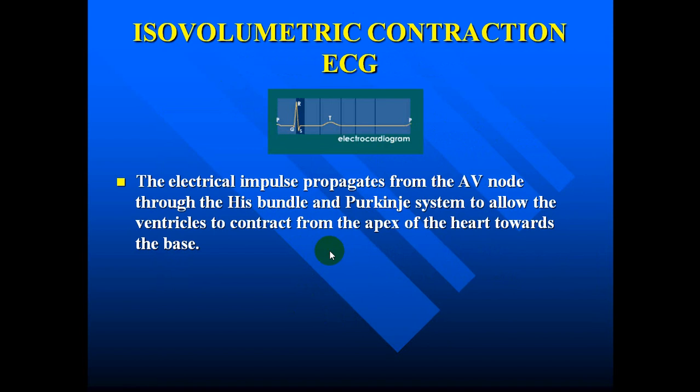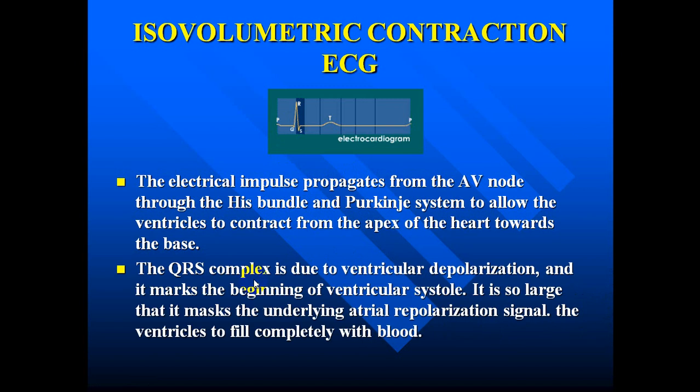What happens in the ECG? As we said, the electrical impulse propagates from the AV node with some delay through the His bundle and Purkinje system to allow the ventricle to contract from the apex of the heart toward the base. This is the QRS complex, due to ventricular depolarization.